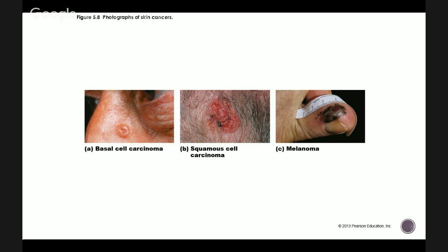We have squamous cell carcinoma. It comes from the stratum spinosum, and it can grow very rapidly if not removed. And then we have melanoma, which is the deadliest type because it travels very quickly, what we call a malignant melanoma.